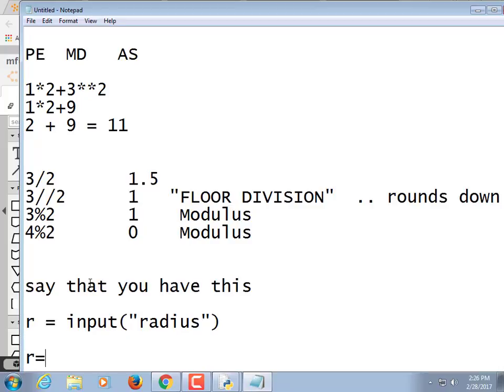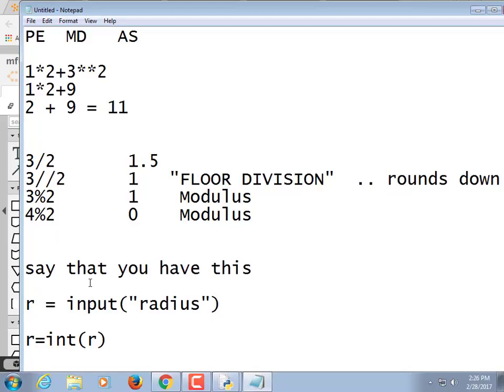Right, R is equal to int R. What if you wanted to turn it into a float? R equals float R. Now, if you did it in that order, that'd be kind of silly, because R is equal to int R would round it down, so you've already lost your decimal point at that point. But that's how you convert to an int.